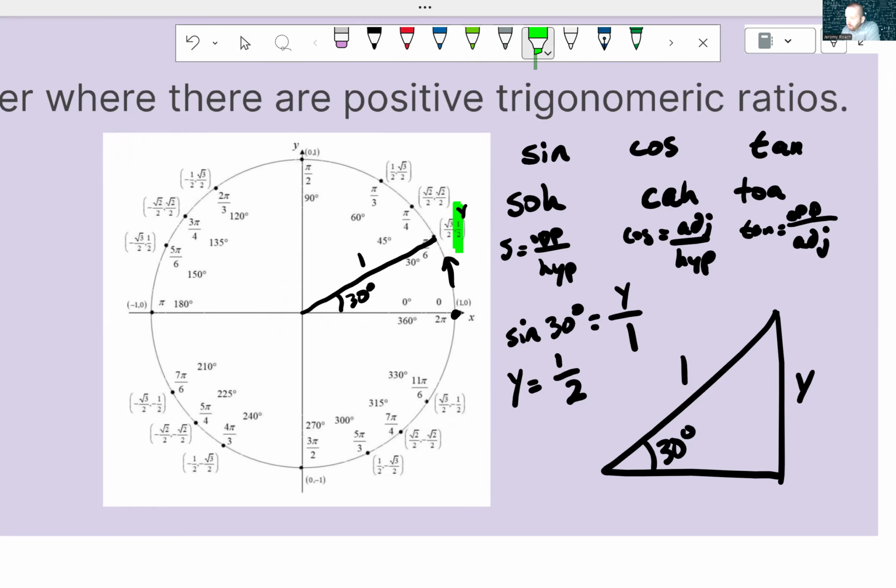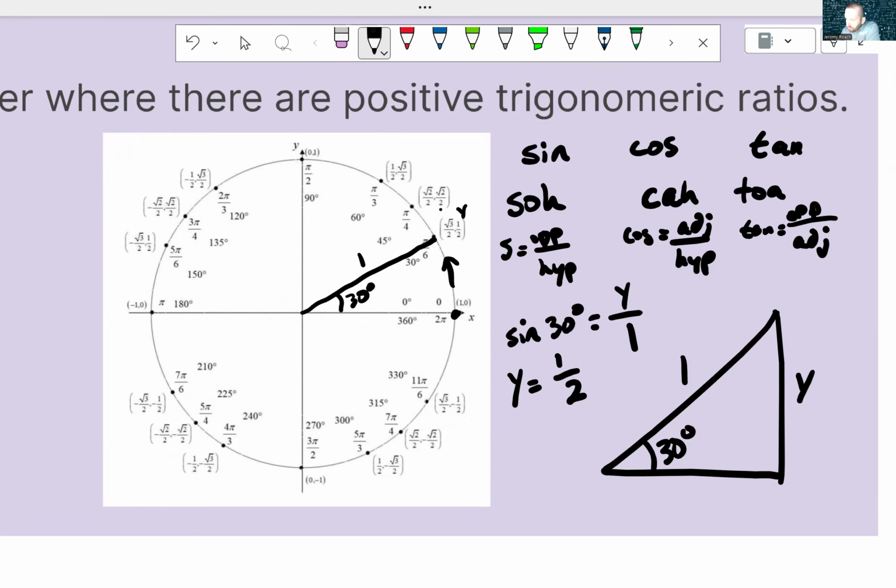So all of these, you can think of sine as being what y is on the unit circle. So that's sine, and so on. All of these coordinates, all the x coordinates are cosine.